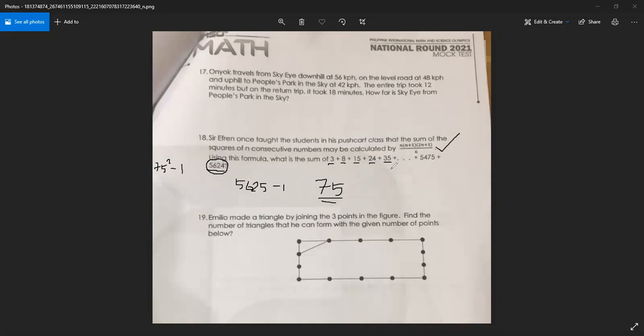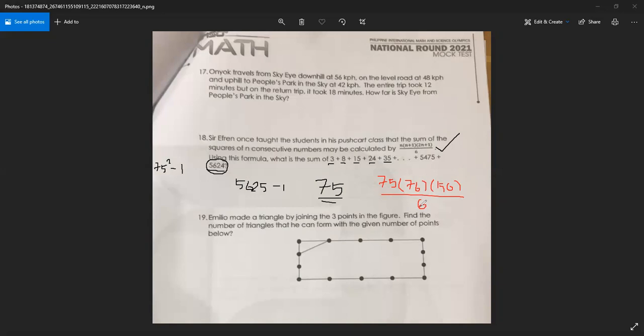Using that formula, that would be 75 times 76 times 150 divided by 6. I think you can do this one. The dilemma here is that you might make a careless mistake.